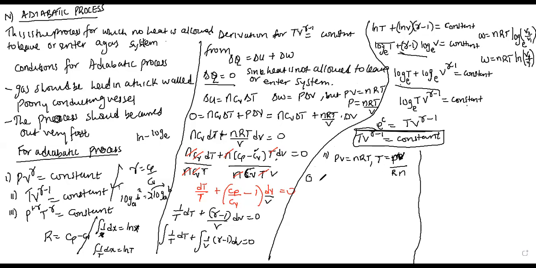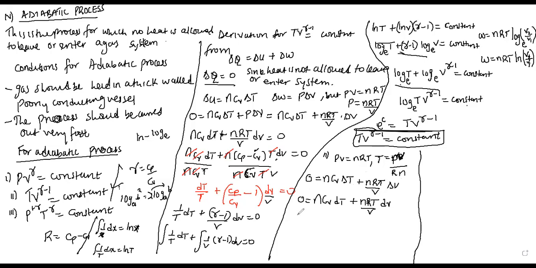So the heat exchange, or the heat change, is 0, which is equal to nCv delta T plus nRT over V delta V. This is the same as 0 is equal to nCv dT plus nRT over V dV.